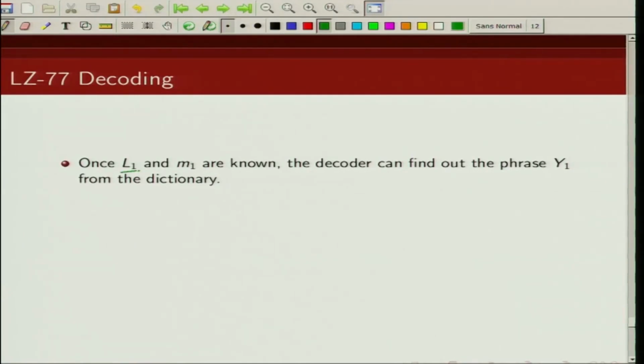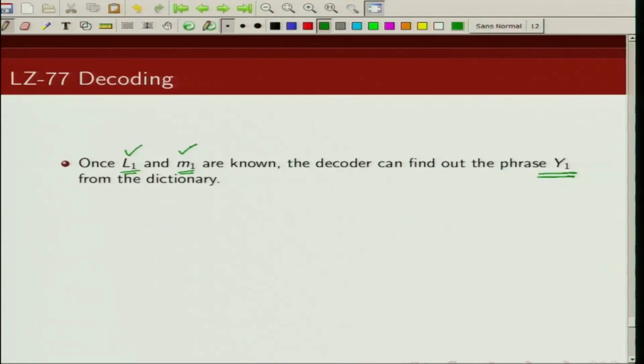Now once L1 and M1 are known, we can find out the phrase Y1 from the dictionary. Why? Because Y1 was the string that was matched to what was already there in the dictionary. The length of the match was L1 and the location of the match was a function of M. So if I give you L1 and M1, you can find out what string is matched in the dictionary.